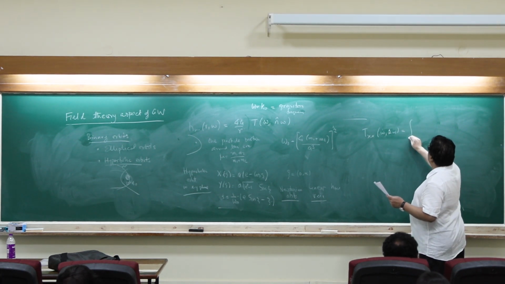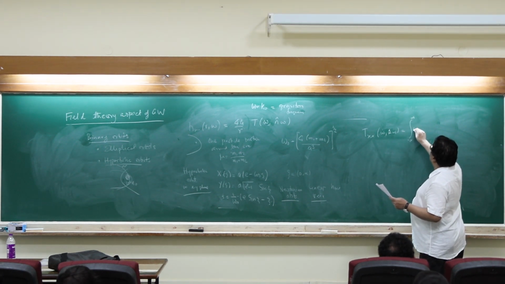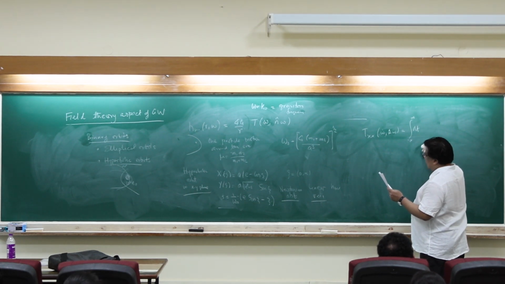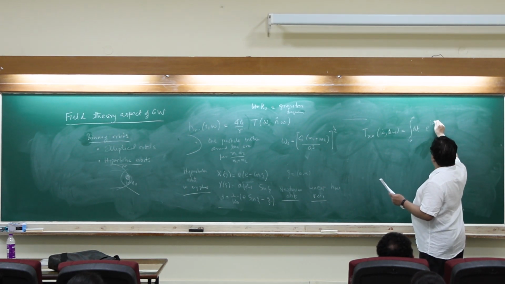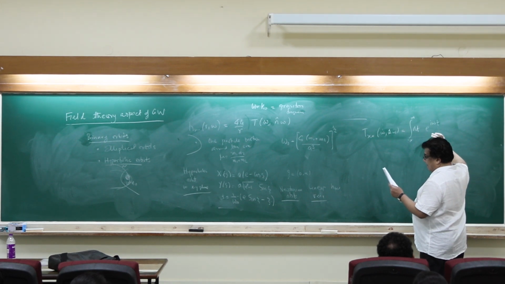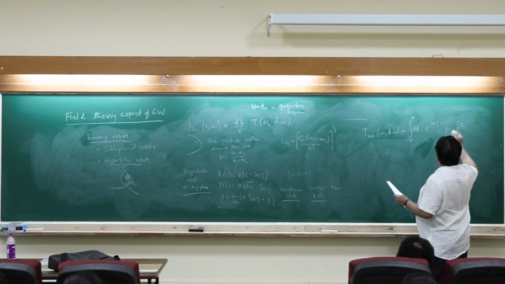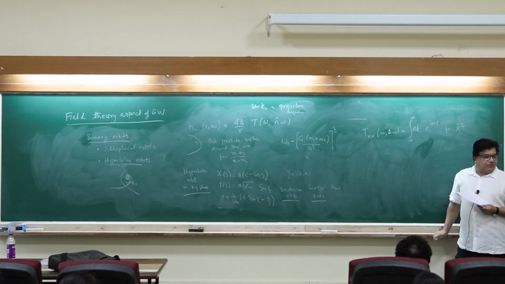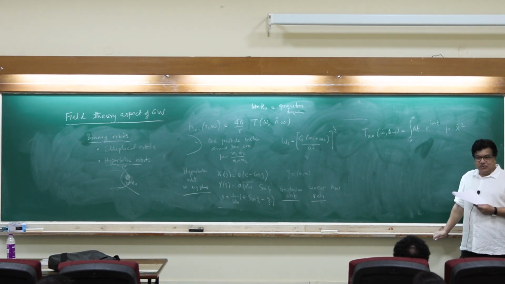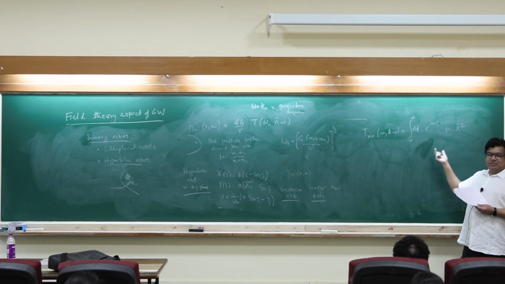So this is the definition of my T mu nu, the velocity square times the mass.